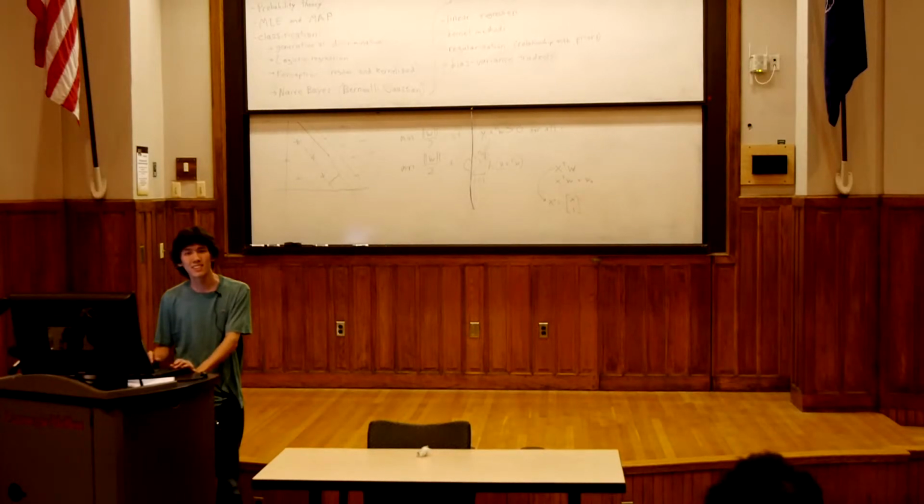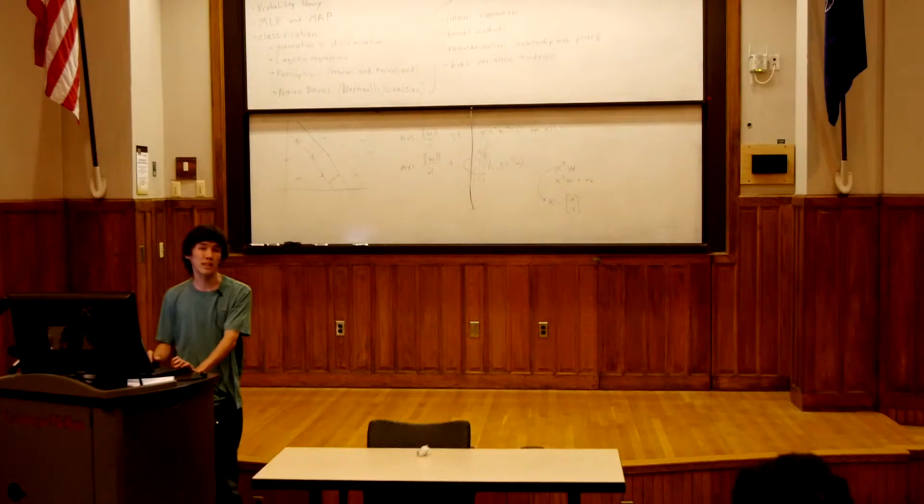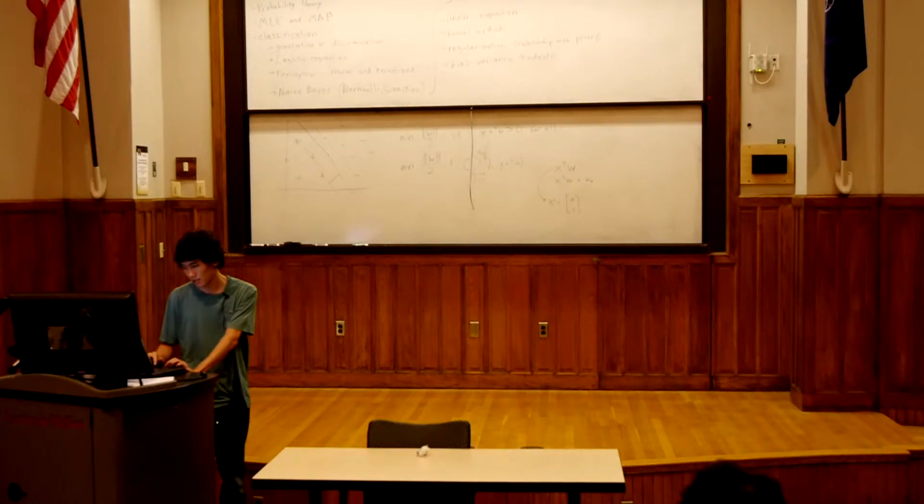Sorry, I just got here. What was the question? Why is the norm of W in a linear separator the margin? One over the norm of W is a margin.